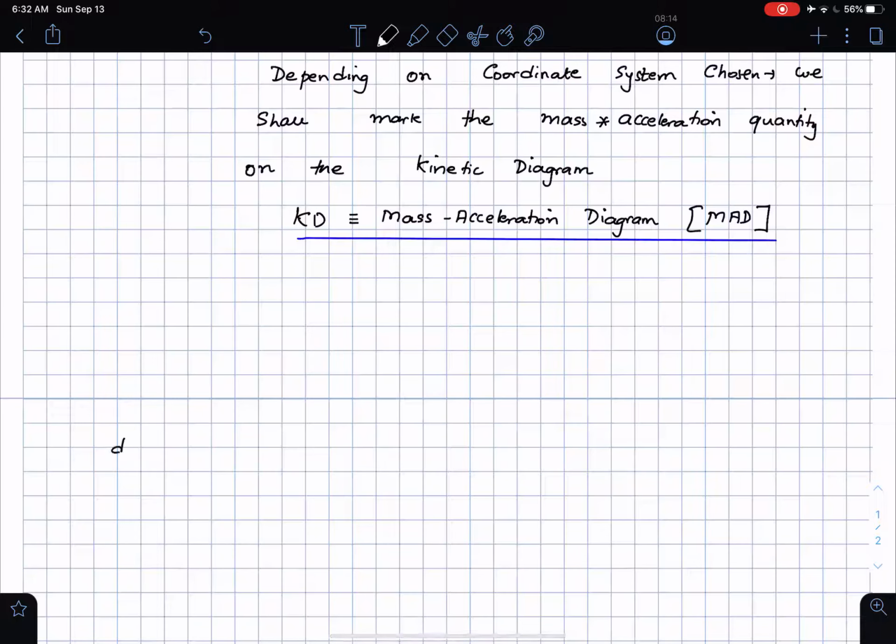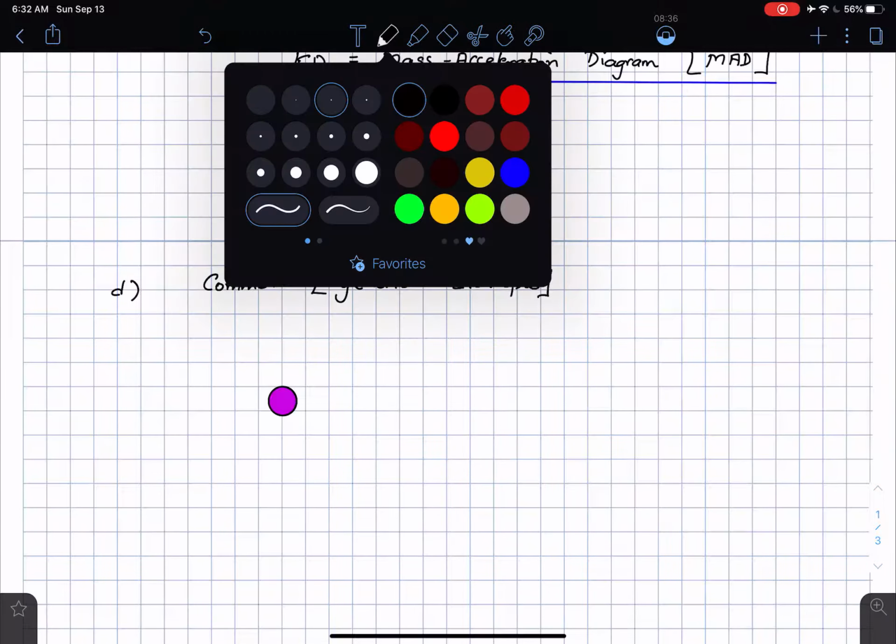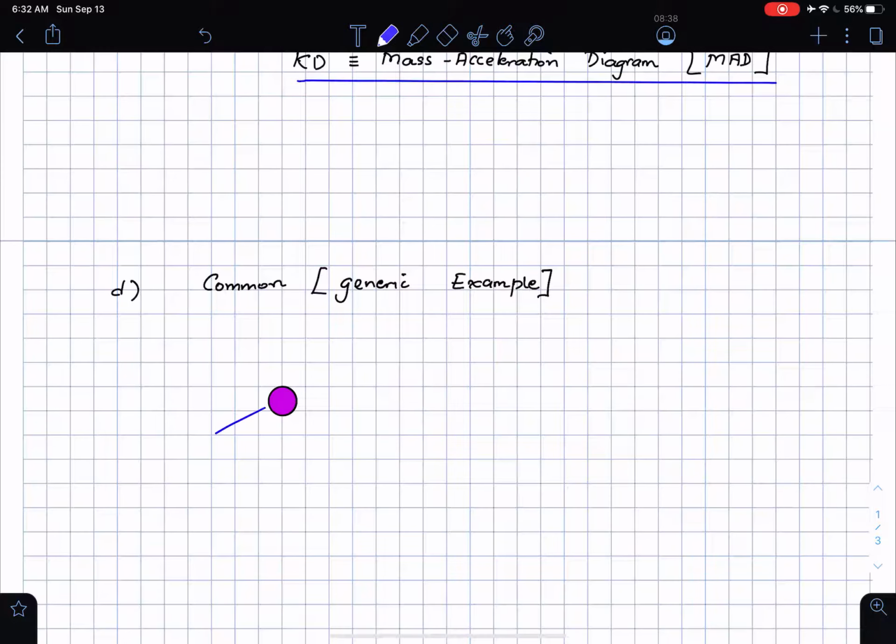Just a digression: common, or generic, examples of kinetic diagrams. Let's say that I have a particle here. On the free body diagram, I would be drawing the forces that are acting on the particle.